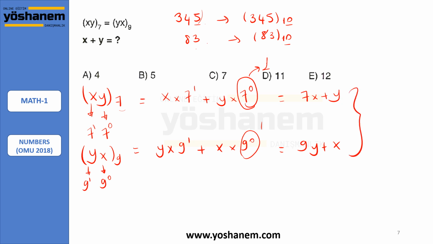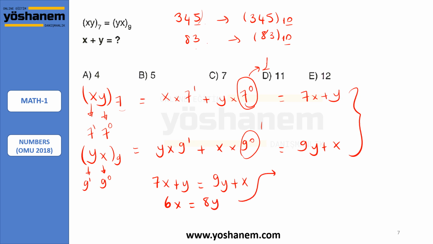Therefore, I can write it as 7x plus y equals 9y plus x. Let's simplify that. 6x equals 8y.